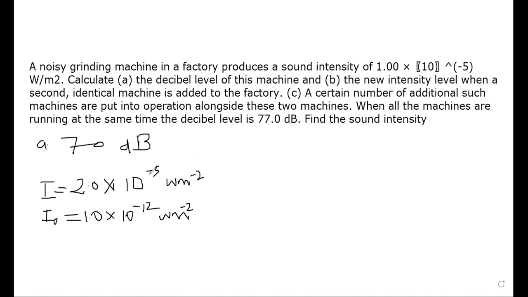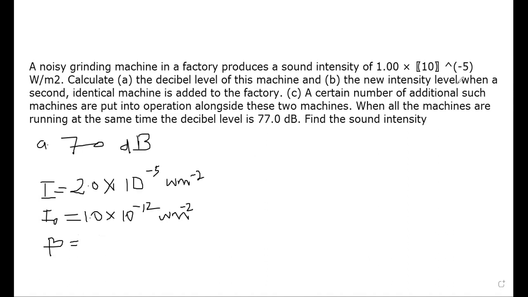Okay, so we are still going to use this expression, beta. This will tell us the amount of intensity that is being produced now when we have added a new machine into the factory. We've solved for the intensity level for the first machine alone.